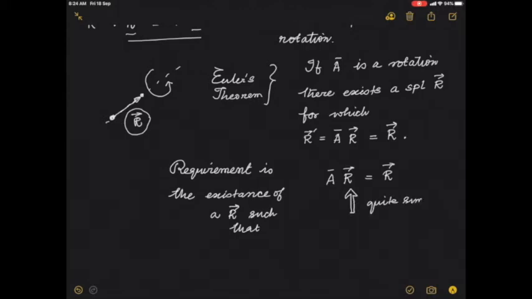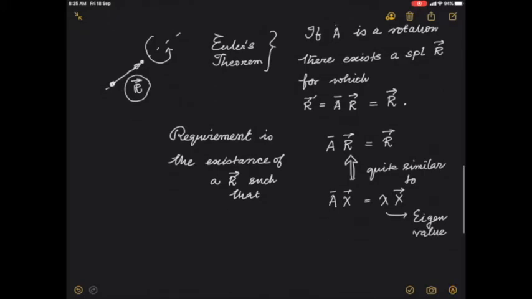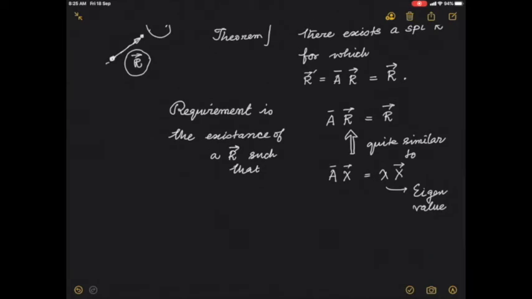Now this is quite similar to the eigenvalue equation for a matrix. So A times X is lambda times X, right? This is the eigenvalue, and this is the eigenvalue equation. So if you see Euler's theorem now, it is essentially telling you, okay, so this lambda is the eigenvalue and X is the corresponding eigenvector, right?